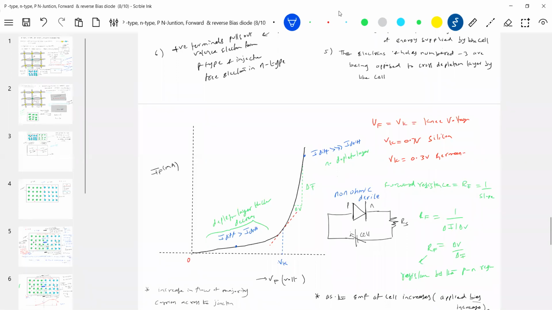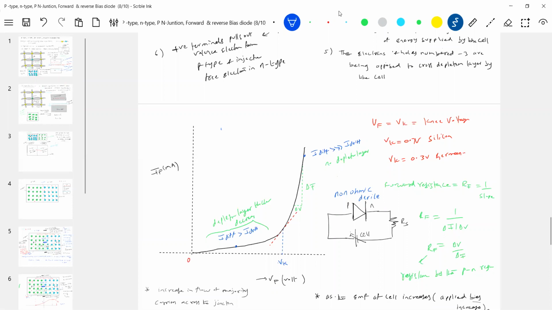Then why is the graph like this only? Is there any mathematical equation, or did it simply come out like this? Yes, we do have an equation. Based on that equation, the graph has taken shape like this. Let me write the equation here.